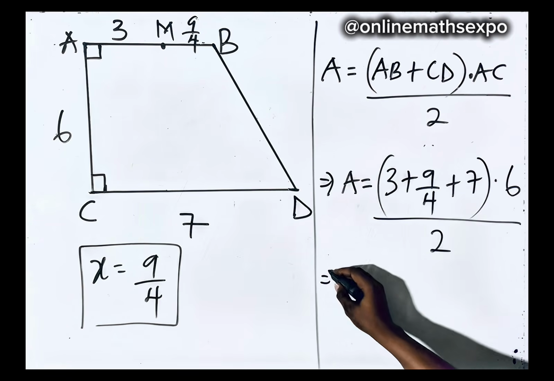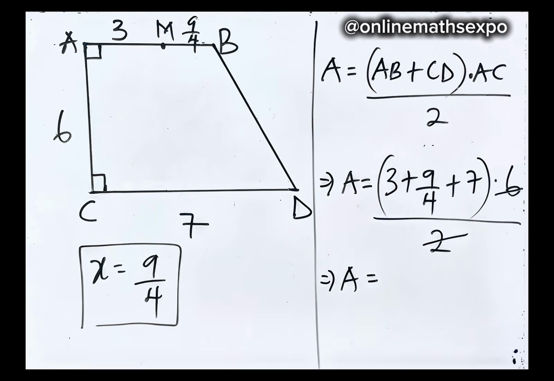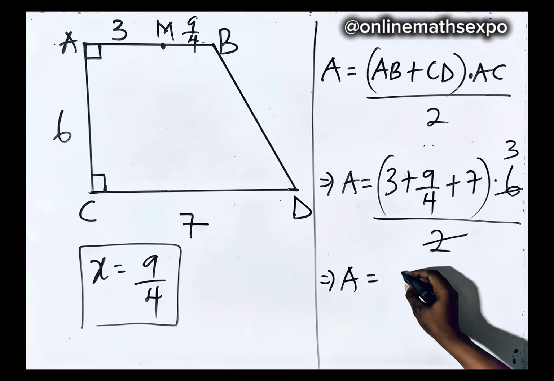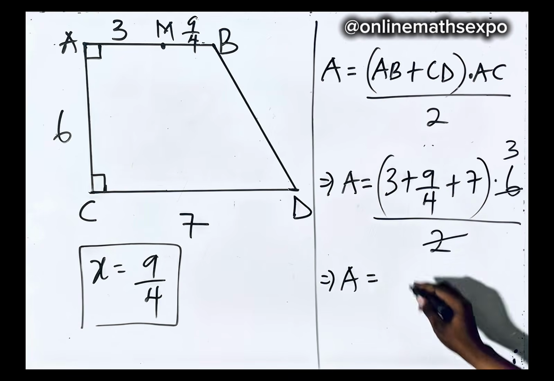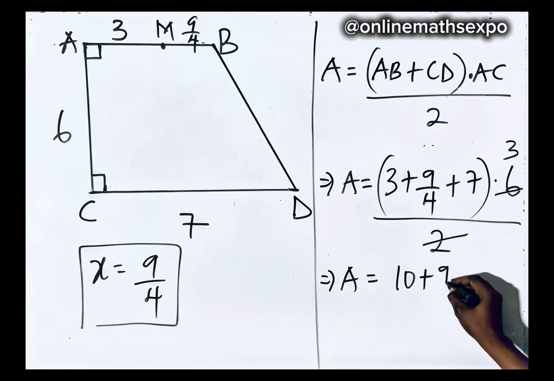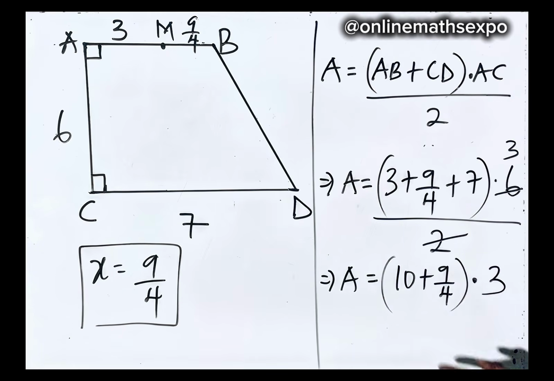So when you do that, the area will give us, this will divide this, it is remaining 3. So we have 3, add this together, it gives you 10. So we have 10 plus 9 quarters, to be multiplied by 3.